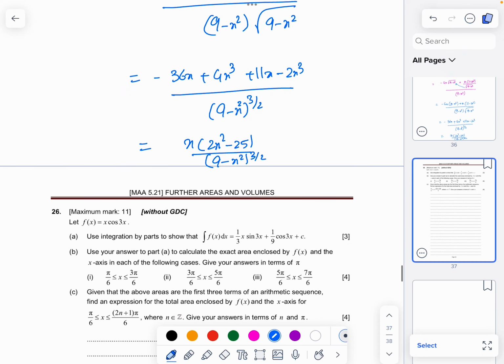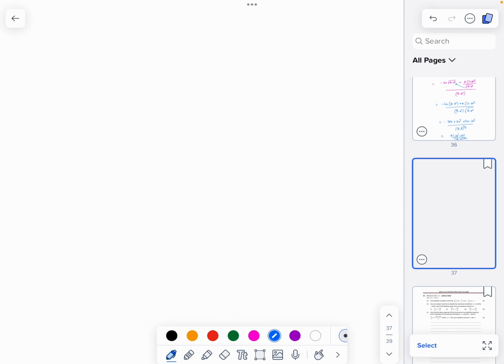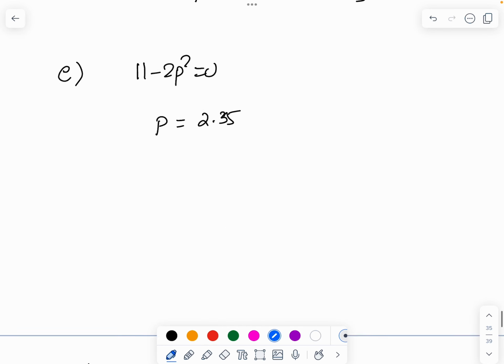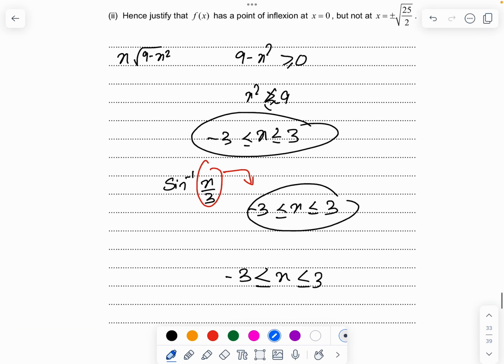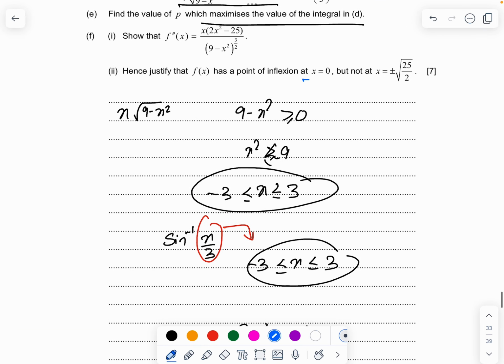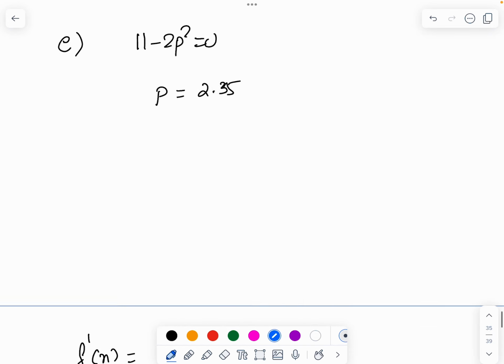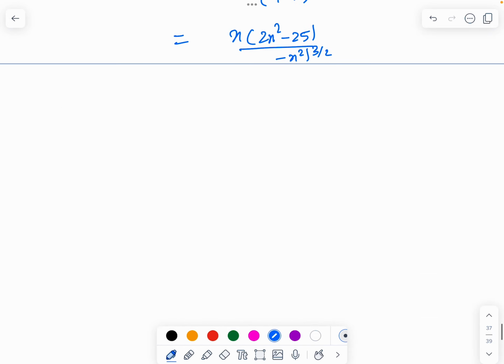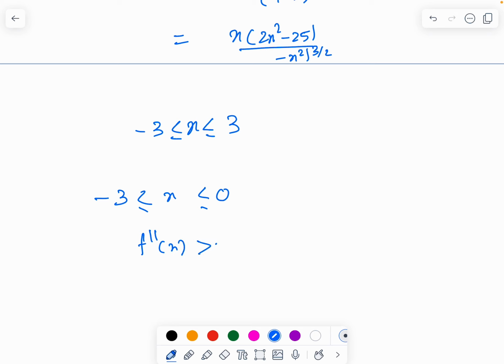Now the last part of that question: justify that x equal to 0 is the point of inflection. So x lies between negative 3 and positive 3. Between negative 3 and 0, the second derivative is greater than 0.